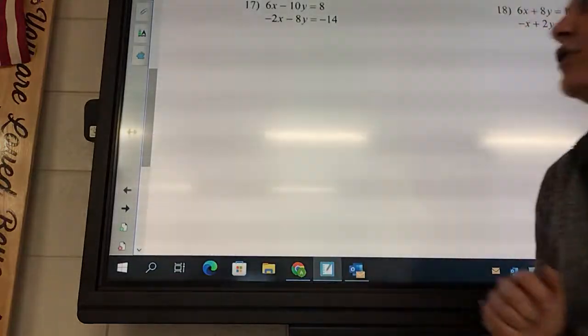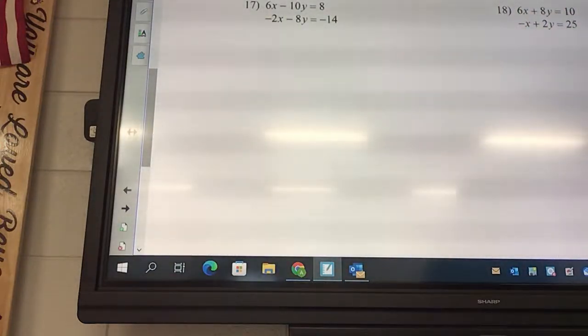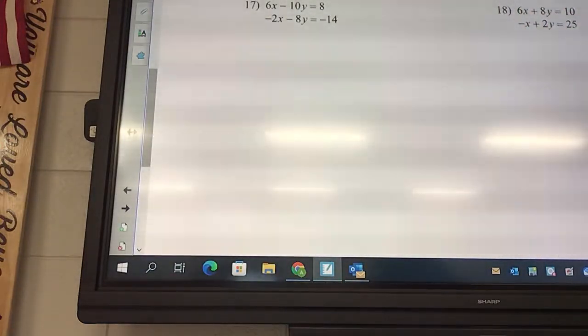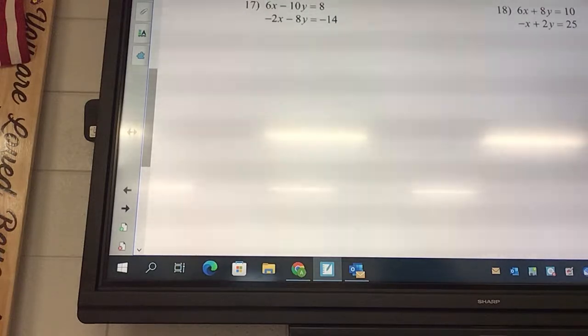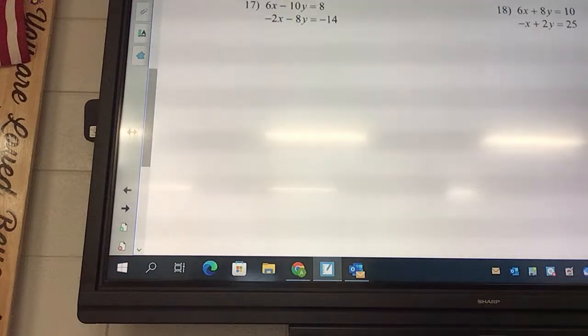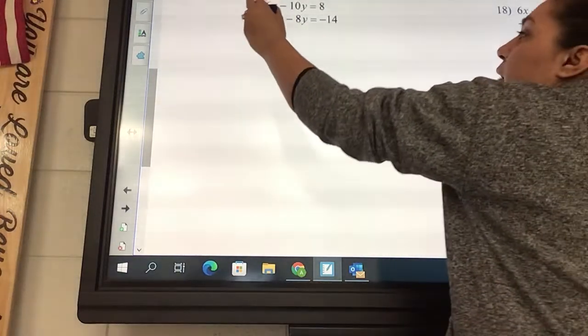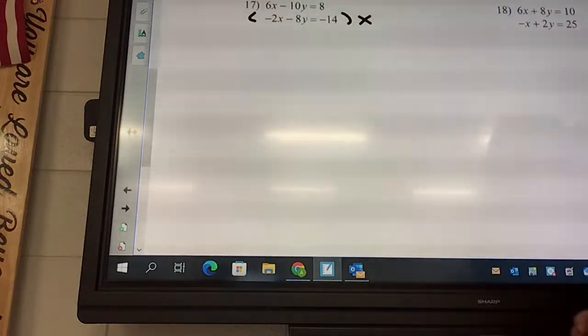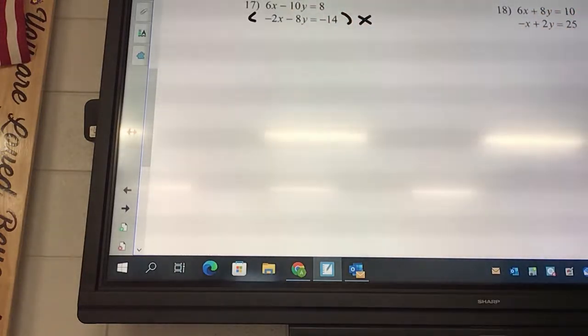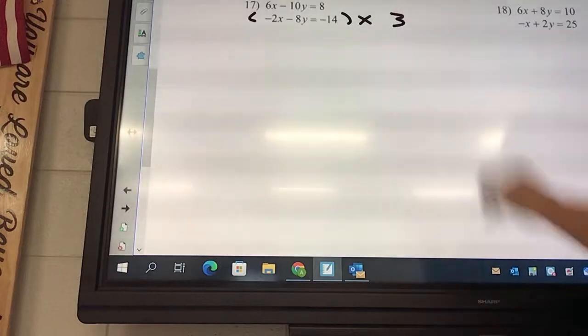Okay, 17. Do we have 2 with the same number? No. Okay, what do you want to try to cancel? X or Y? X's. Which x is smaller, 6 or 2? 2. So that's the one we multiply. 2 times what would give me 6? 3. Does it need to be a -3?